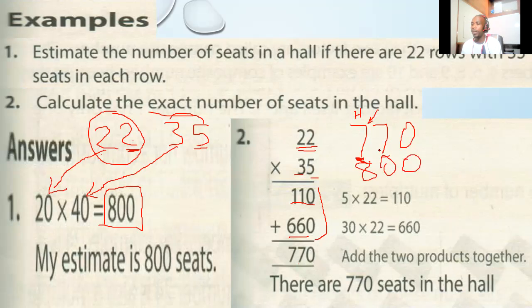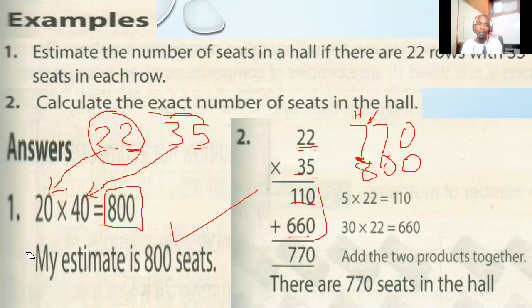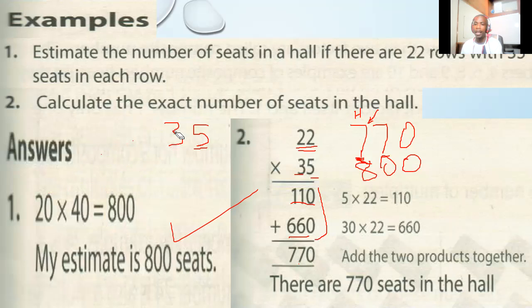So 770 is close to 800, so the estimation was quite good. That's basically what you have to listen and understand. Then practice now, to be excellent in your calculations.